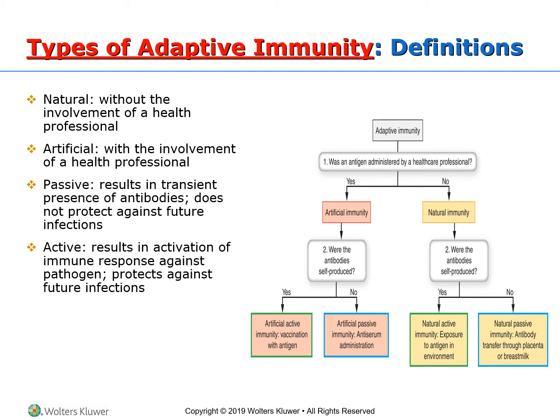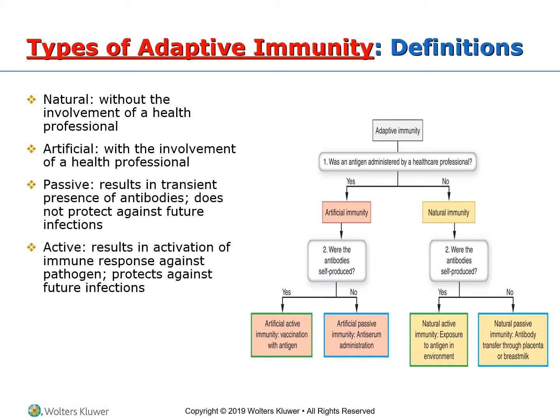We have also a type of immunity that is called artificial. And it's called artificial because it involves the presence of a health professional. It will be given to me in an artificial way. And if we spread those two into 2 categories, the natural and artificial immunity can be active, the result of the activation of the immune response inside my body, or passive, just by having antibodies passed to me while my immune system is not doing the work.